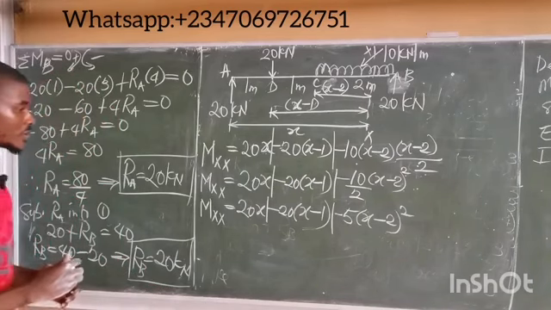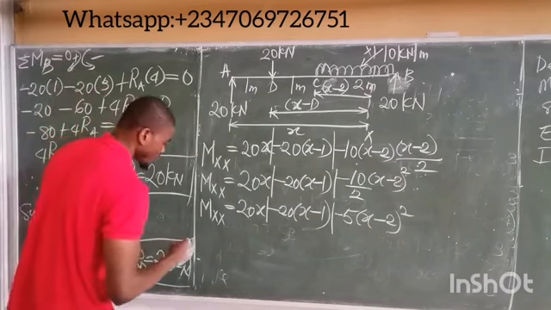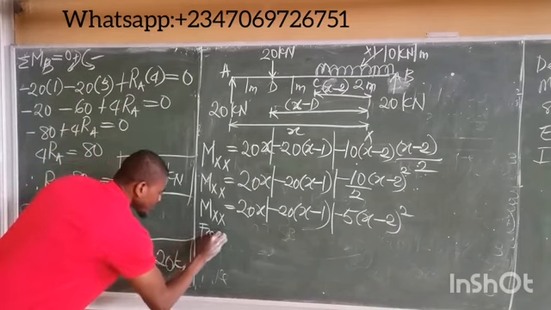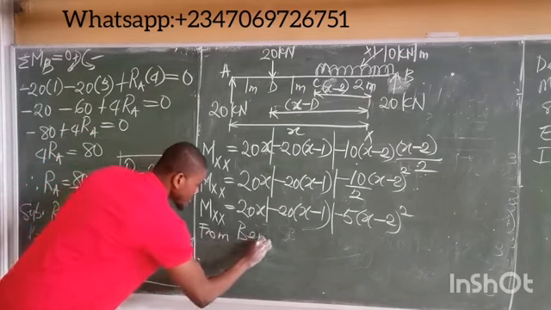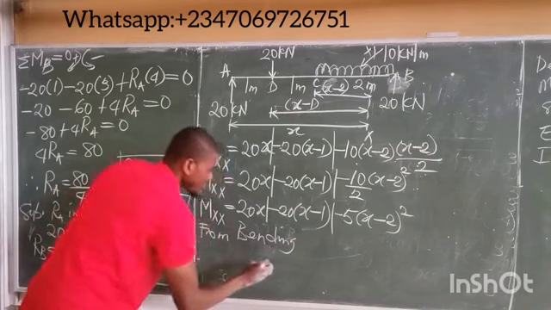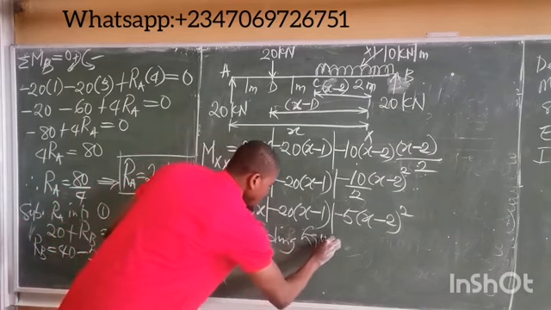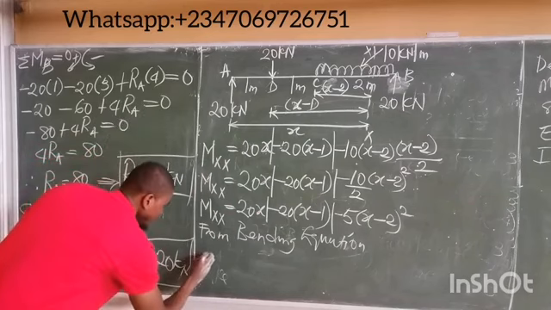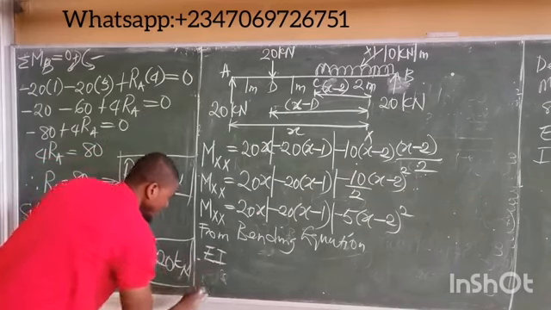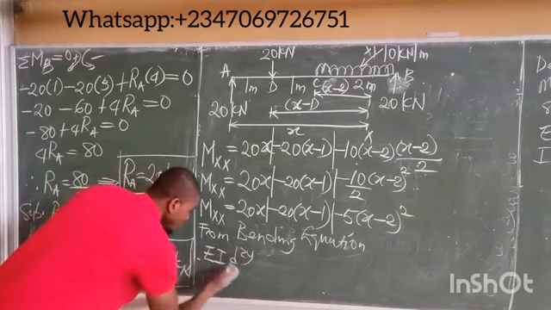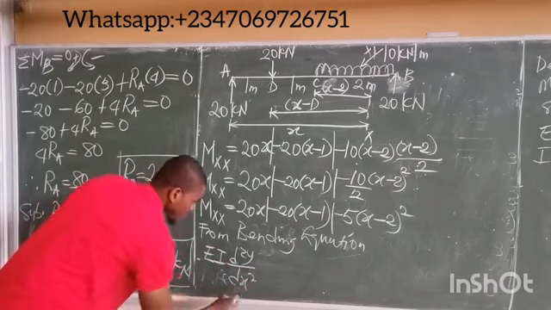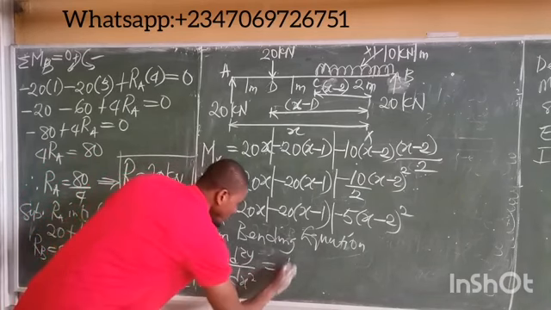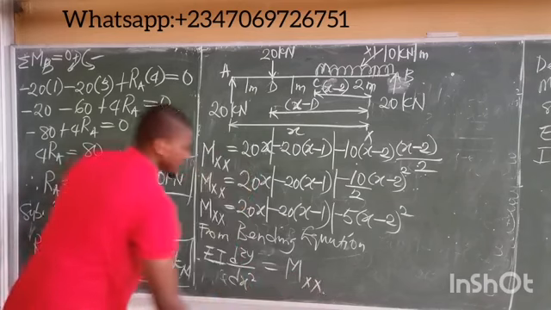Now recall from the bending equation that the flexural rigidity EI times the second derivative, d squared y over dx squared, is simply equal to the moment about the section.